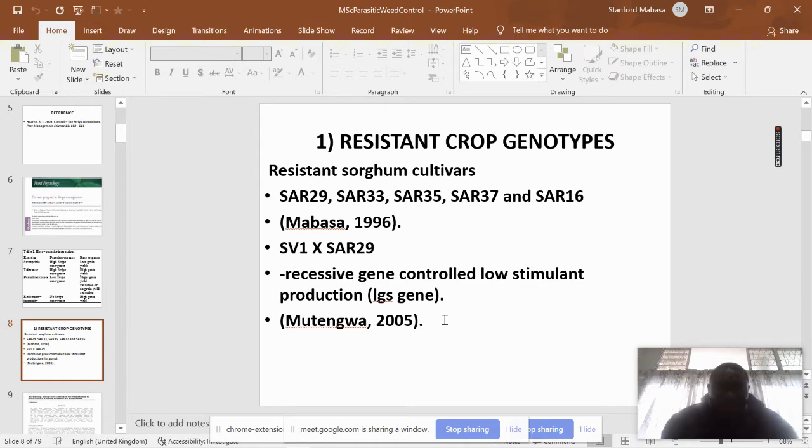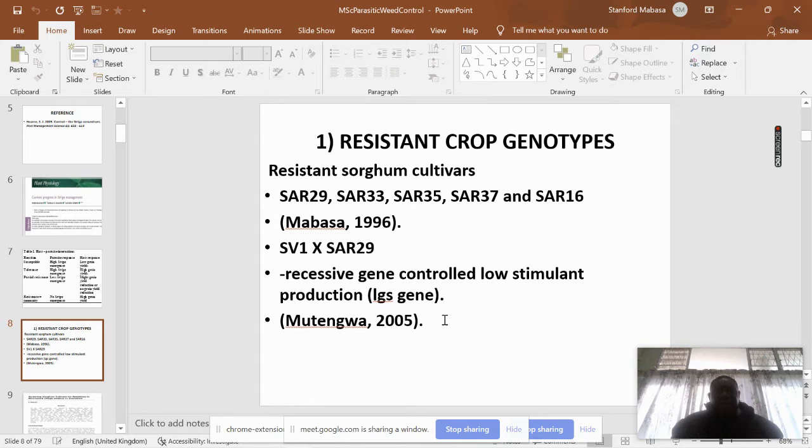Mutengwa in 2005 made crosses between SV1, which is currently recommended, and SAR29 with some resistance. He managed to identify a recessive gene which controls the low stimulant production and called it the LGS gene.